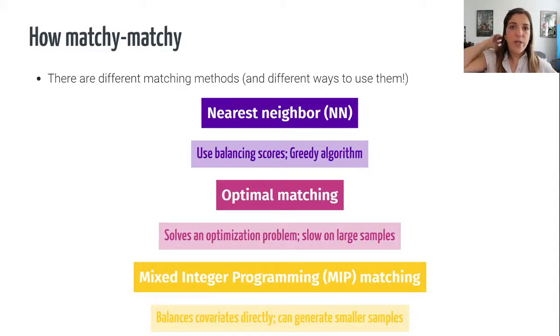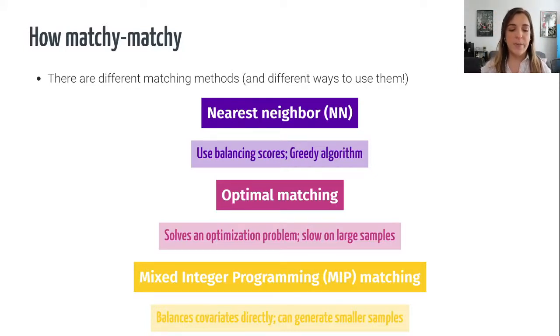And finally, one that I wanted to talk about, because it's basically one of the things that I do, is mixed integer programming matching. You might have heard of the first two, for instance, if you had any sort of proximity with matching. But the third one, it's been around already for a while, over 10 years, I would say.